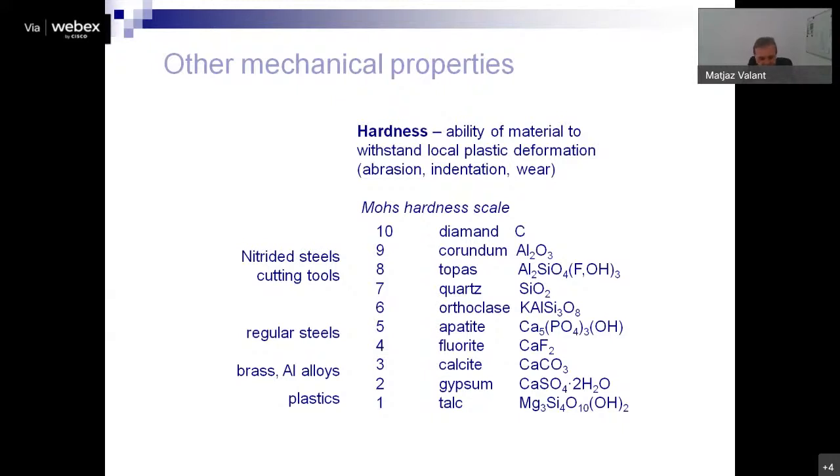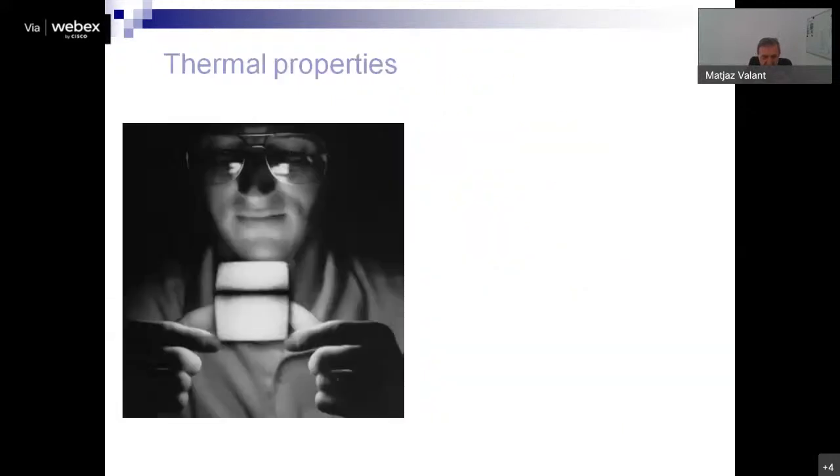Okay, now with this, I would like to start with mechanical properties, and maybe I can invite you, if you have some question regarding mechanical properties, that we discuss them now.